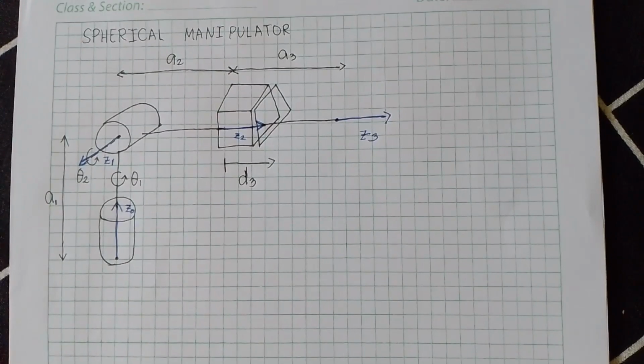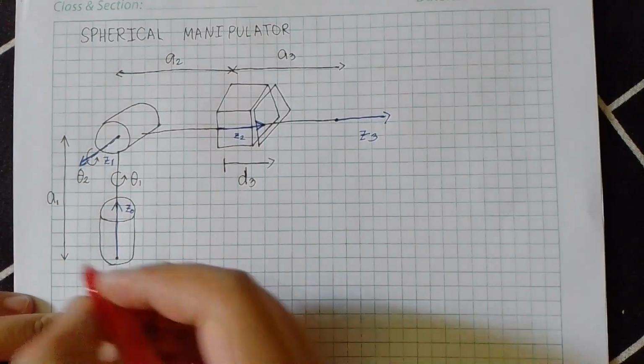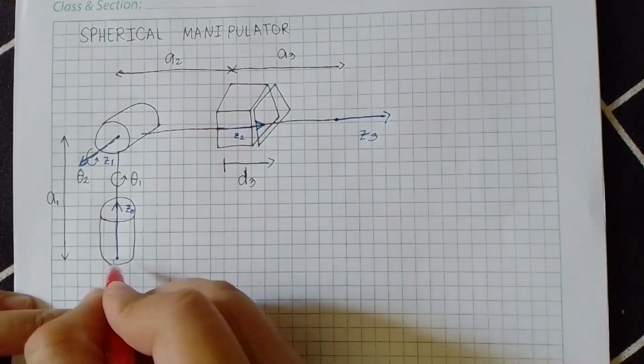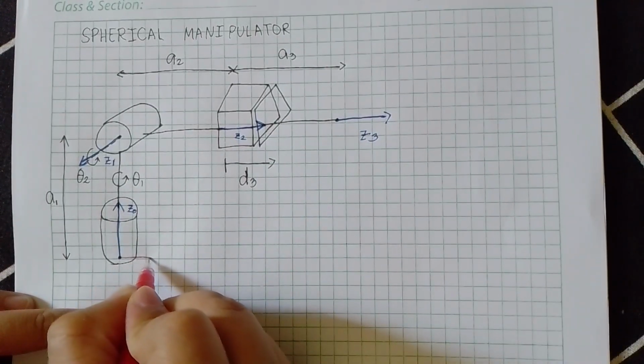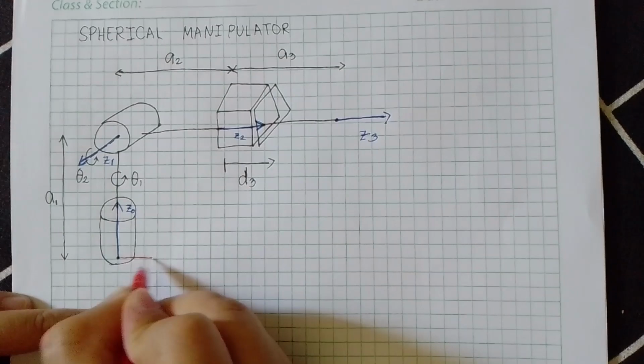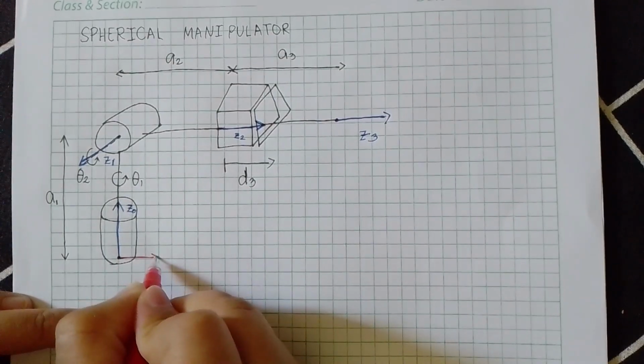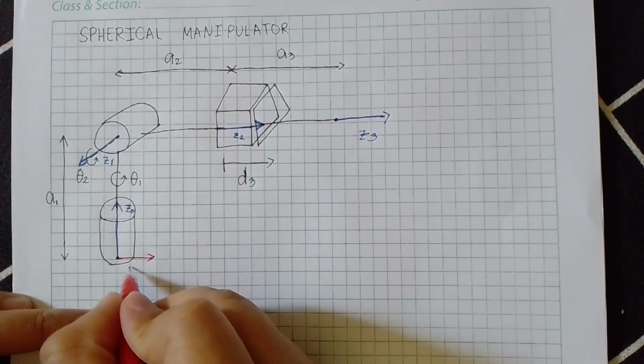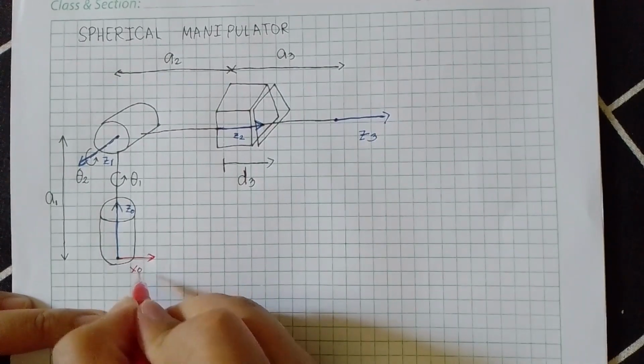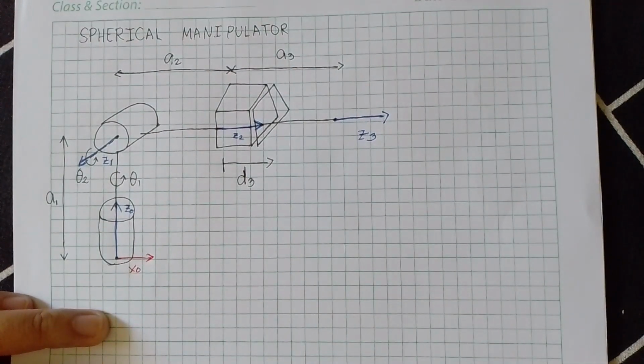It should look like this. The x sub 0 must be pointing to the right. X sub 0.